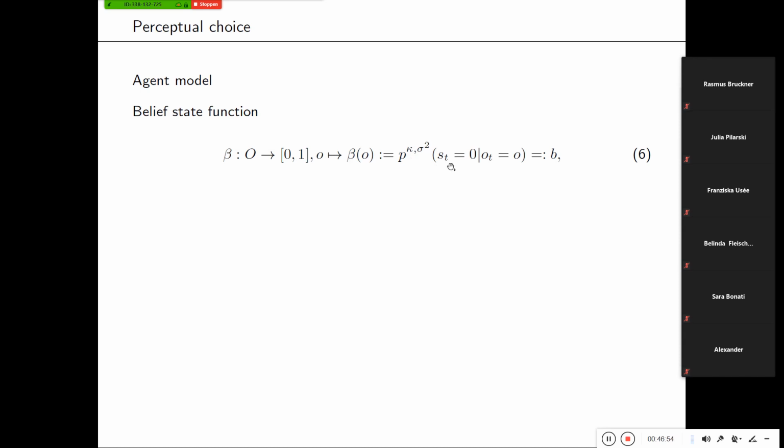So the agent averages out the contrast values. In this kind of setting, we can actually analytically evaluate the belief state of the agent.